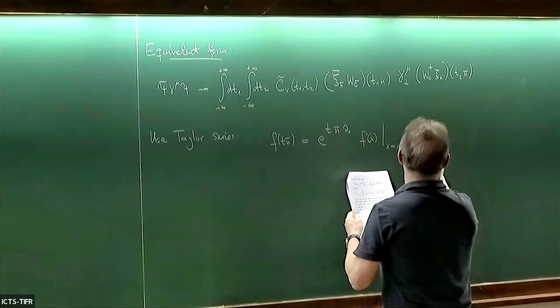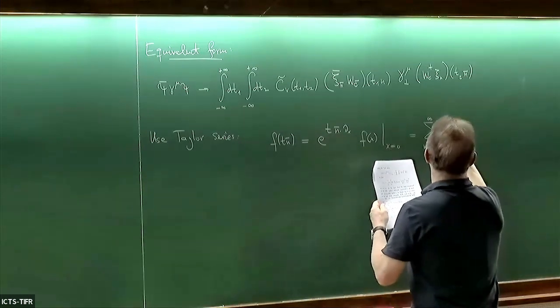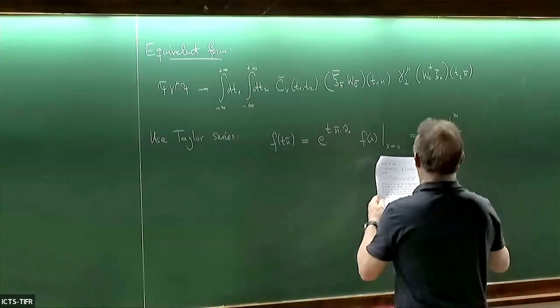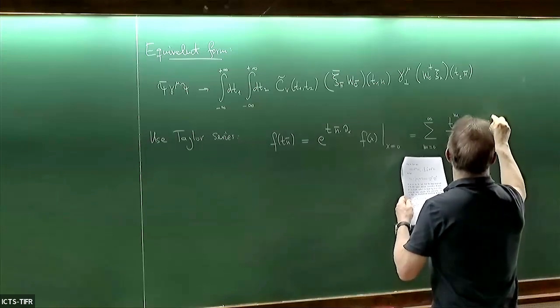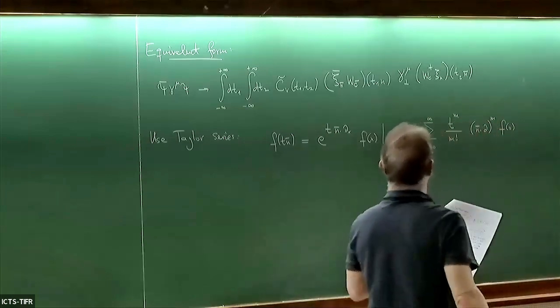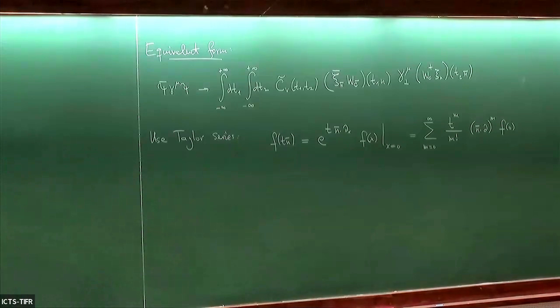And of course, this exponential, the translation operator, I can write as a Taylor series. I can write it as a sum over m from 0 to infinity, t to the power m over m factorial, times n bar dot derivative to the power m times f at 0. And you see this smells very much like what we have here, except we have a double Taylor series in this variable and in this variable, right?